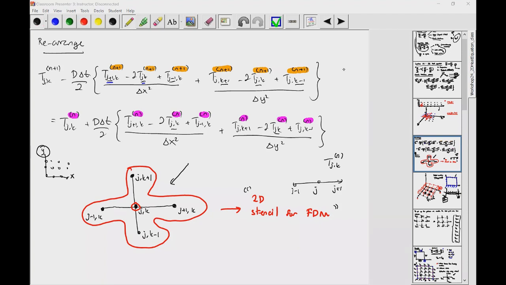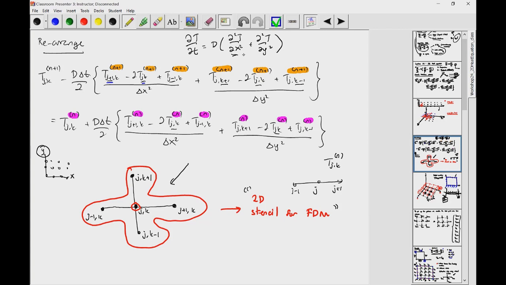Okay, so if you look at the Crank-Nicolson scheme here, and again, this is only true because we are solving the heat equation, but you should be able to see a similar trend if you solve any other PDE in the future. In your two-dimensional heat equation, you have dT/dt equals d squared T/dx squared plus d squared T/dy squared.